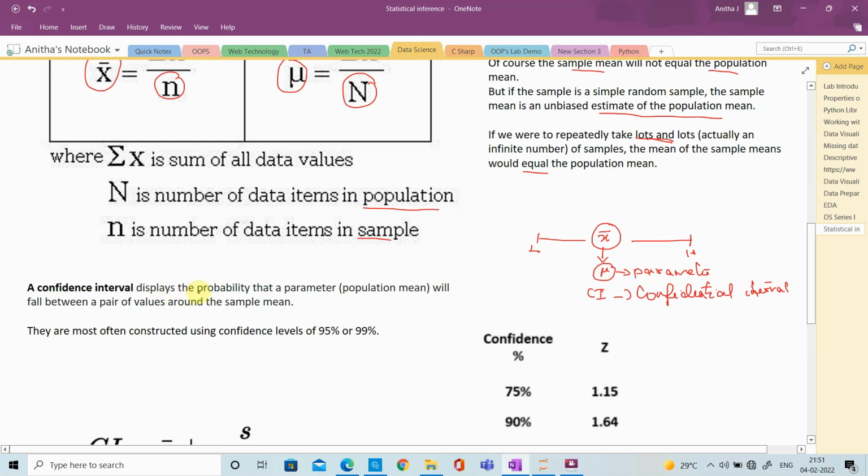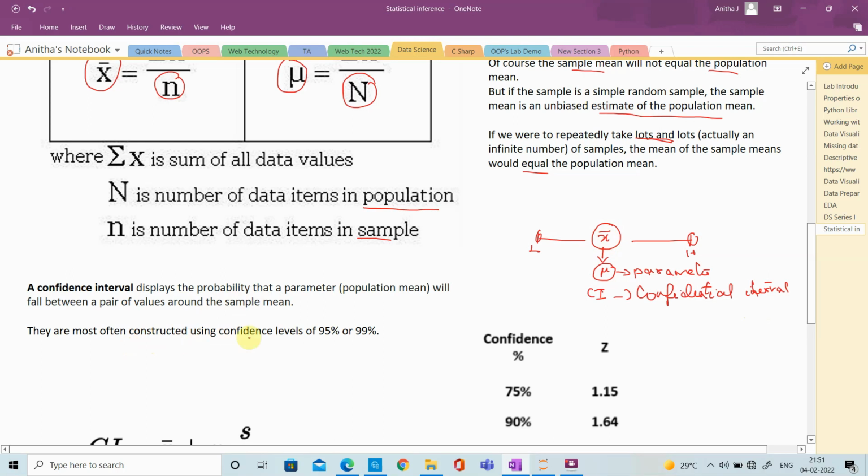The confidence interval tells the probability that the population mean, or the parameter, will fall between a pair of values around the mean. So by using the confidence interval, we can identify that the population mean lies within the interval, using the calculated mean value of your sample.